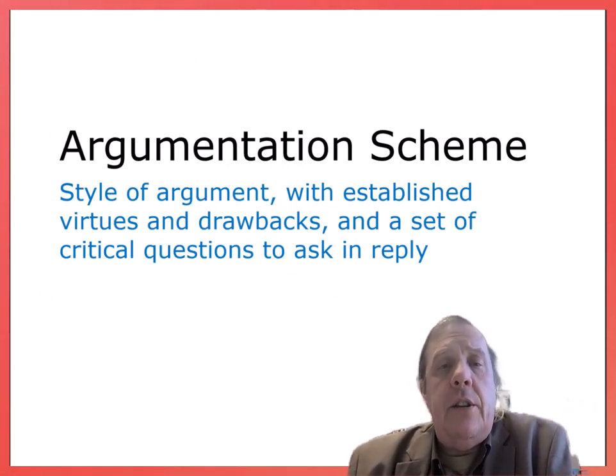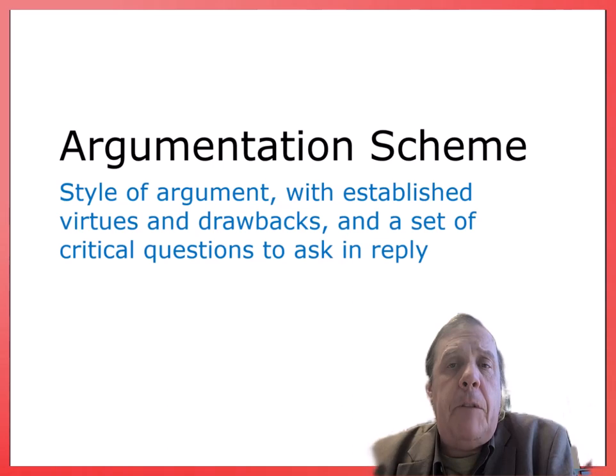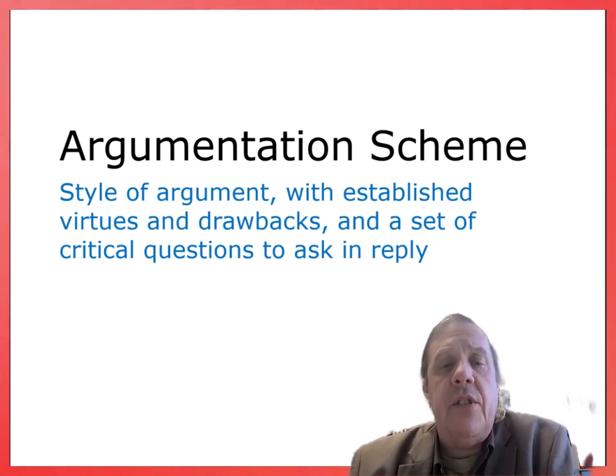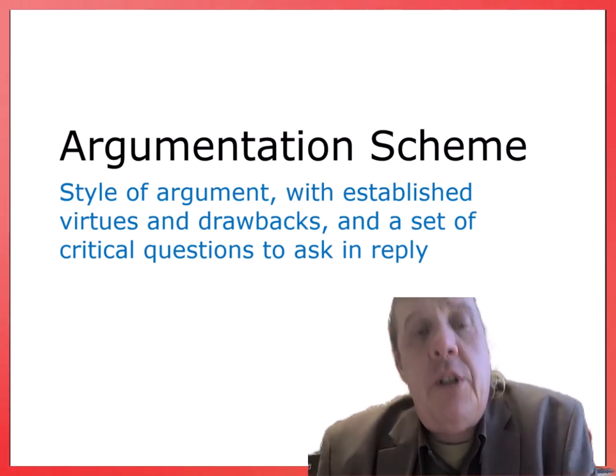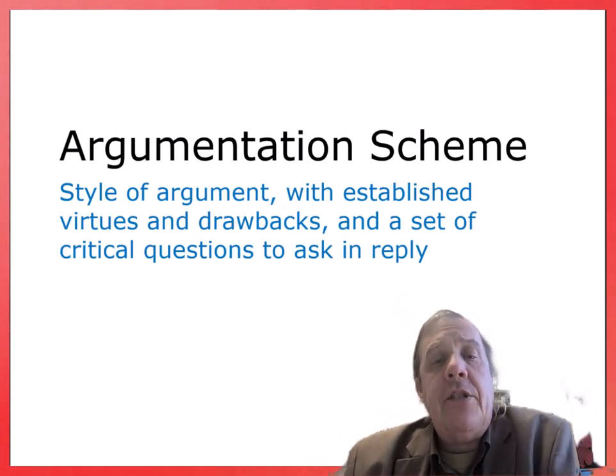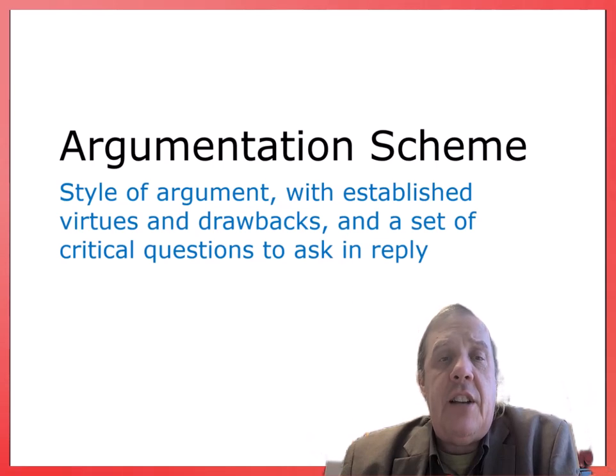In general, we say that specific forms of arguments go with argumentation schemes. We define this as a style of argument with established virtues and drawbacks and a set of critical questions to ask and reply. That is, you've got the general idea of an argument, which is something that you can put in standard form.